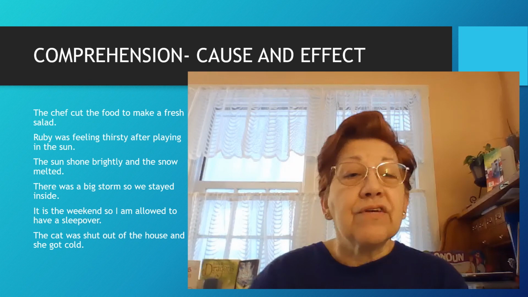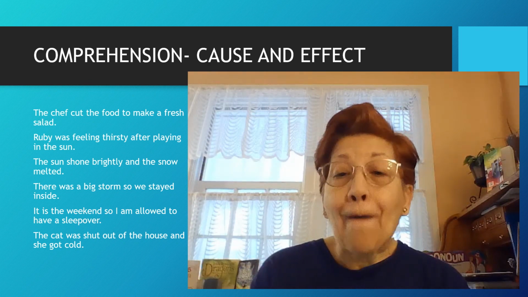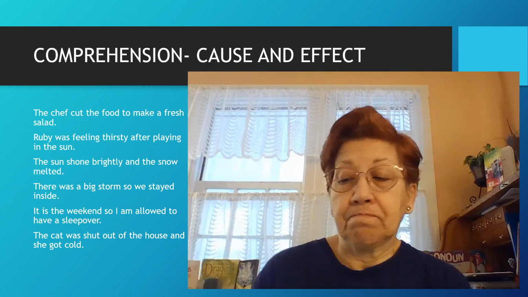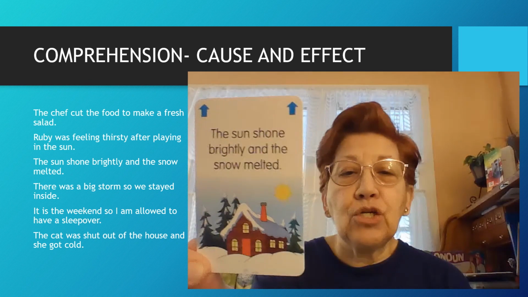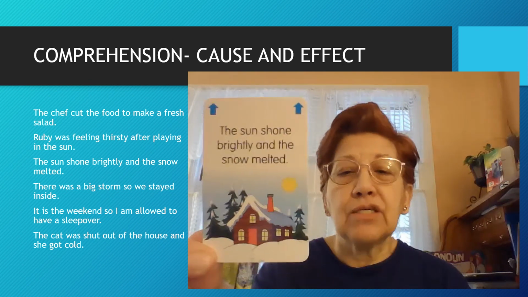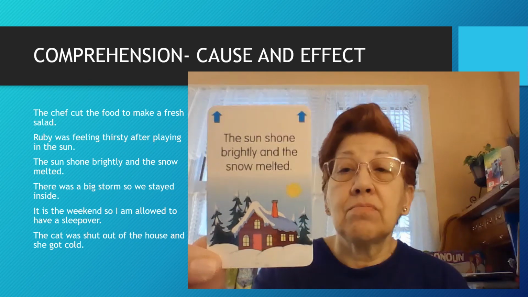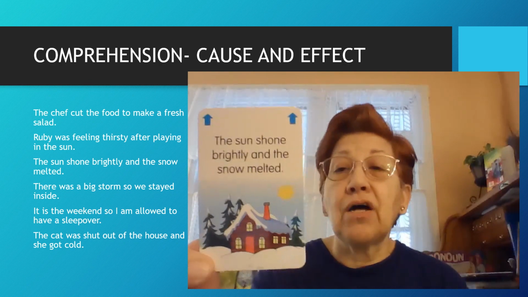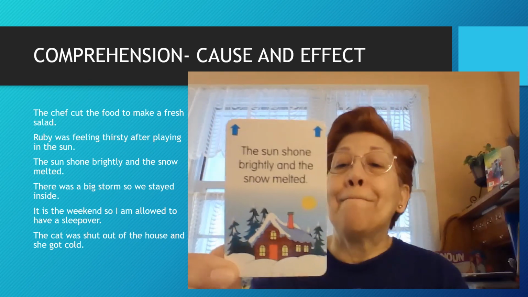Okay, next. The sun shone brightly and the snow melted. Okay, right? The sun shone brightly and the snow melted. Okay, so cause, the sun shining brightly is the cause for the snow melting.